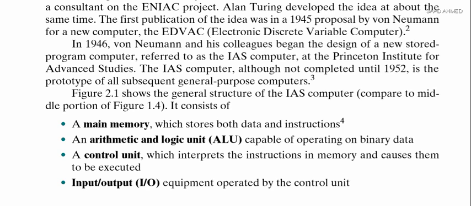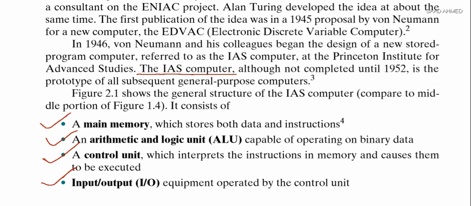This system was known as the IAS computer, and it had a main memory, which stores both the data and the instructions, an arithmetic logic unit capable of operating on binary data, a control unit which interprets the instructions in memory and causes them to be executed, and finally an input output device which is operated by the control unit.